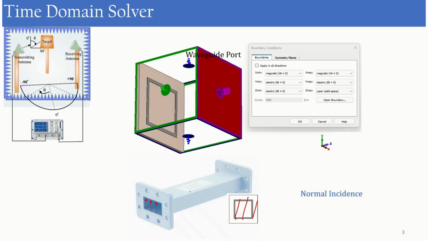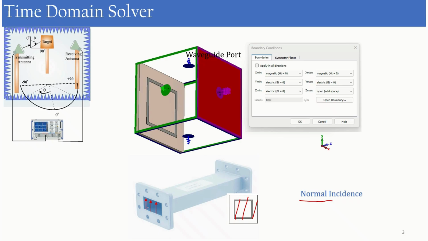And here you know that when you insert the structure and do the simulations, we won't be able to make any changes in the propagation, like oblique incidence, inside the waveguide. So it will support only normal incidence.